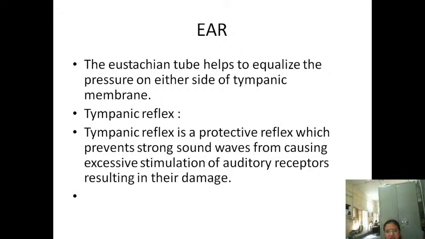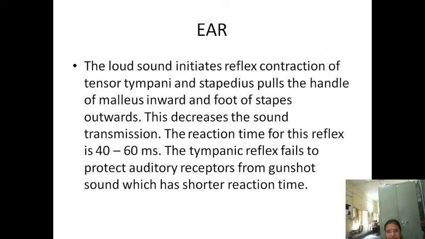Now, the tympanic reflex. It is a protective reflex which prevents strong sound waves from causing excessive stimulation of auditory receptors, resulting in their damage. So, it prevents damage of the hair cells, the auditory receptors.